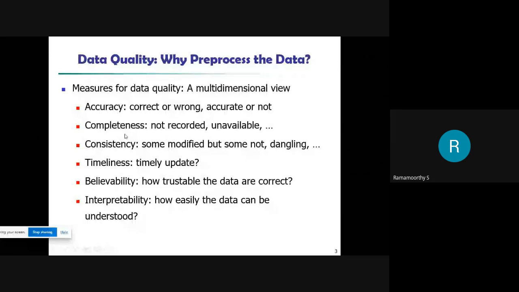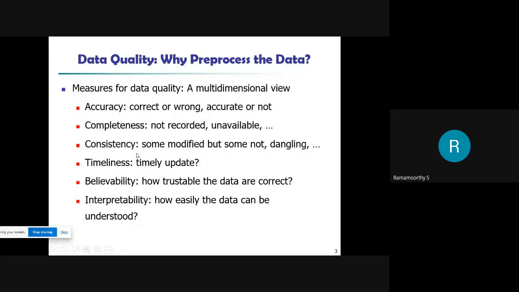The data which is not recorded, sometimes a column which is empty or blank spaces, is not going to give you the expected outcome because that data is not recorded or unavailable. So you always need to have complete data before you feed it as input for any data mining application.